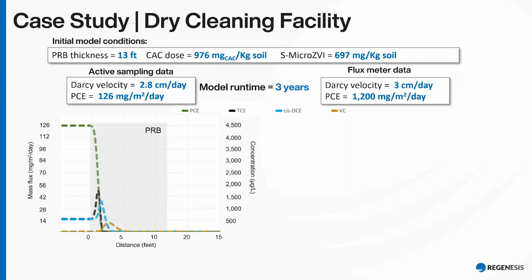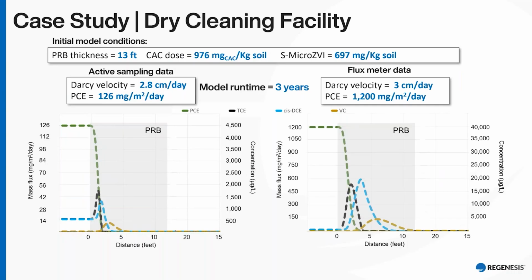The input here is now a Darcy velocity of 3 centimeters per day and a PCE mass flux of 1,200 milligrams per square meter per day. We see that there is no breakthrough of PCE, but the y-axis shows a different magnitude for mass flux, an order of magnitude higher. Although you might think there is no breakthrough of the byproducts, there is, especially of vinyl chloride, which will cause this barrier to underperform and therefore reduce the longevity.